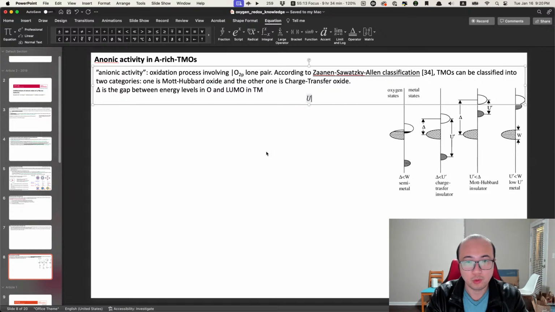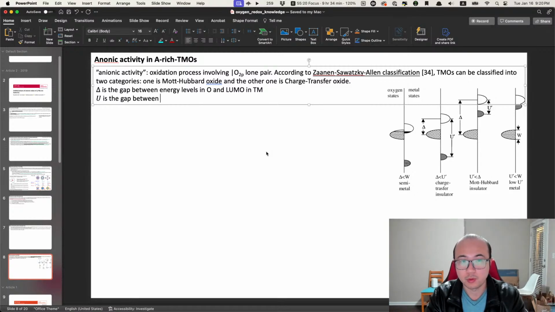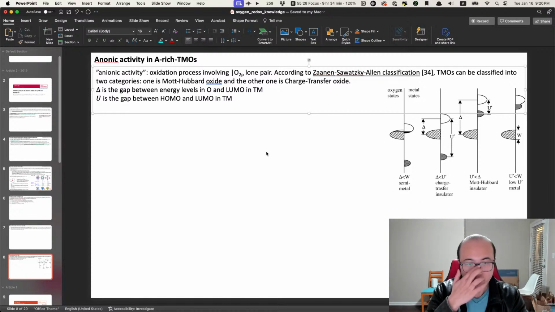And U is the gap between HOMO and LUMO in transition metals. Now what is W? What is W?